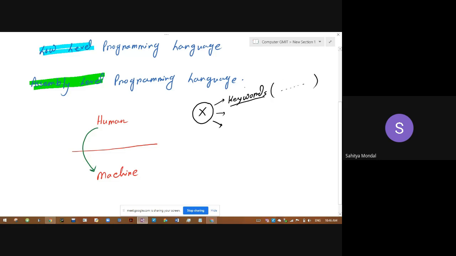Like Python: if you want to display anything, we use the print keyword. Within print, if you write GMIT, GMIT will be displayed.